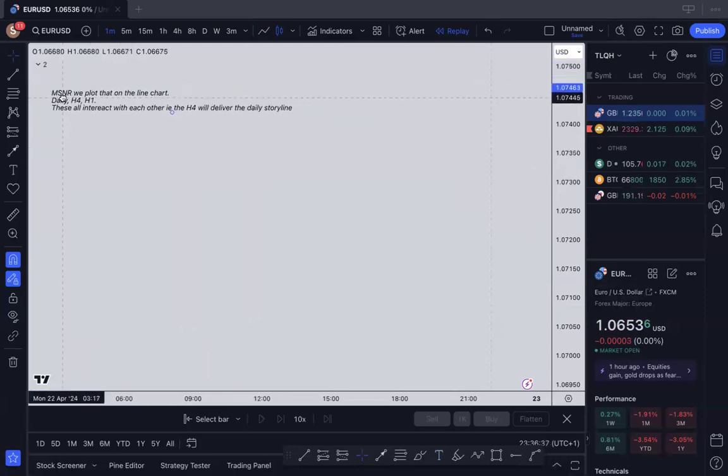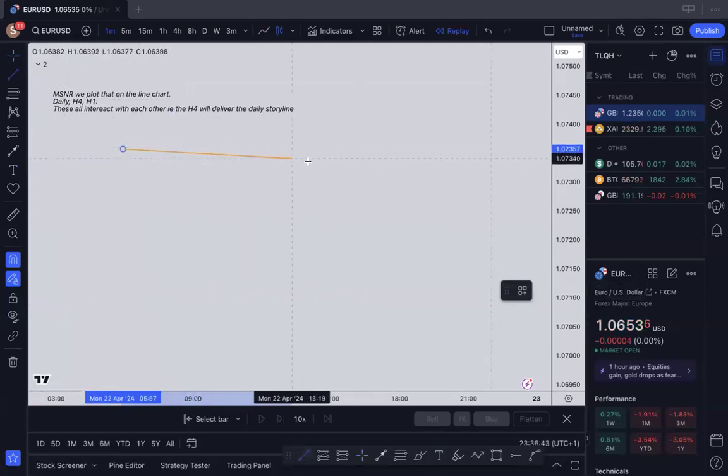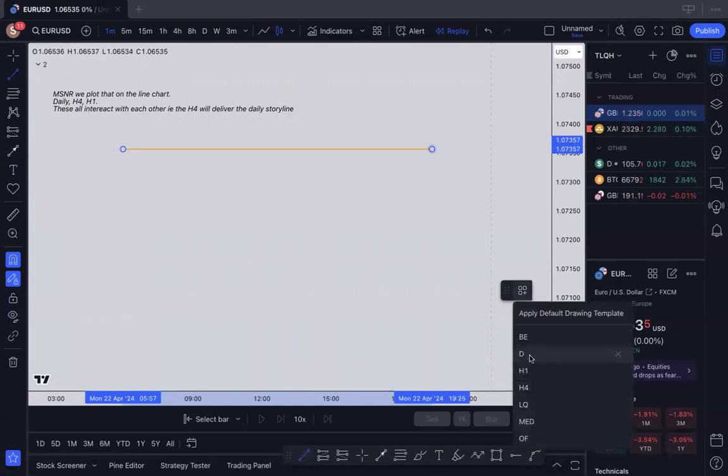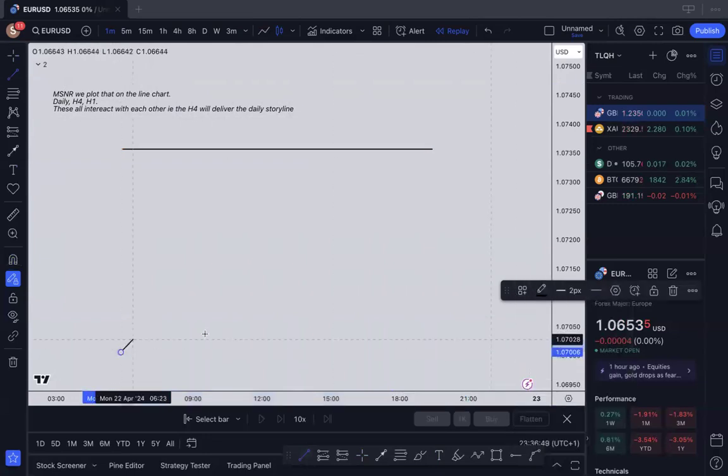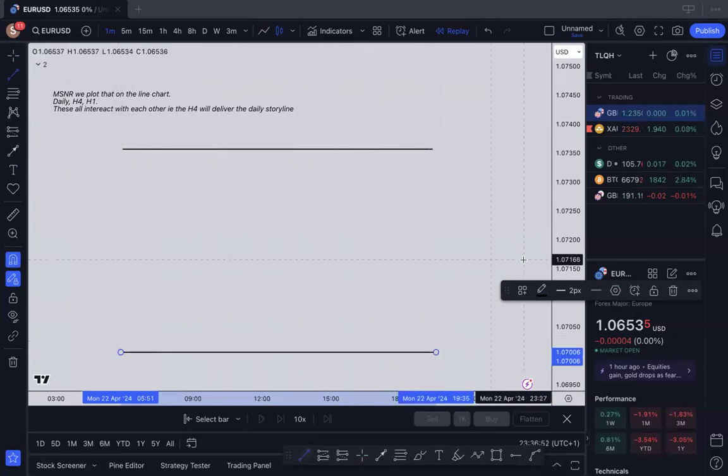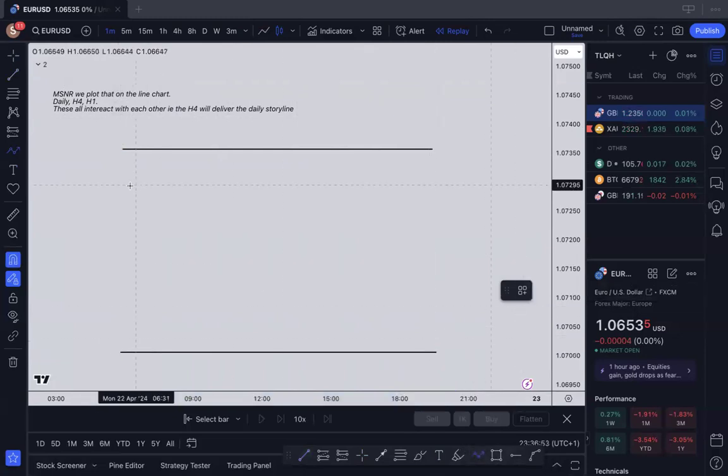Obviously, we've got our daily levels. So say, for example, we have a daily level up here, and say, for example, we have a daily level down here. And let's just say the normal levels. We're going to go on to the type of levels very shortly.